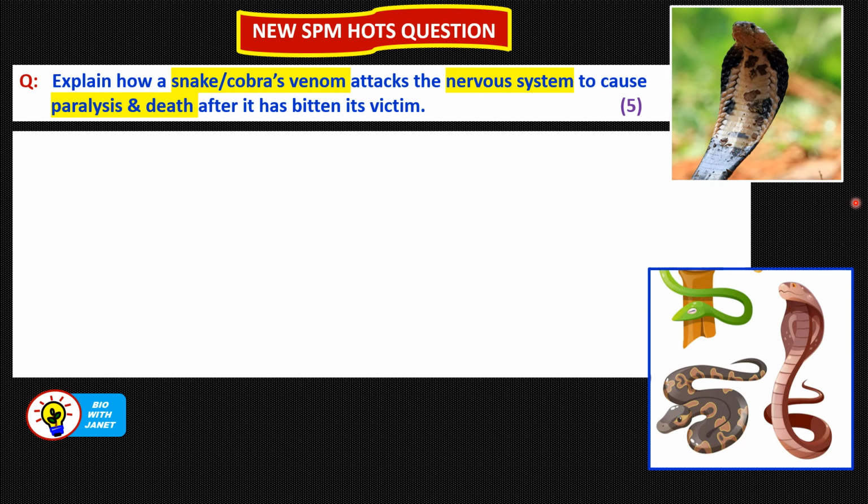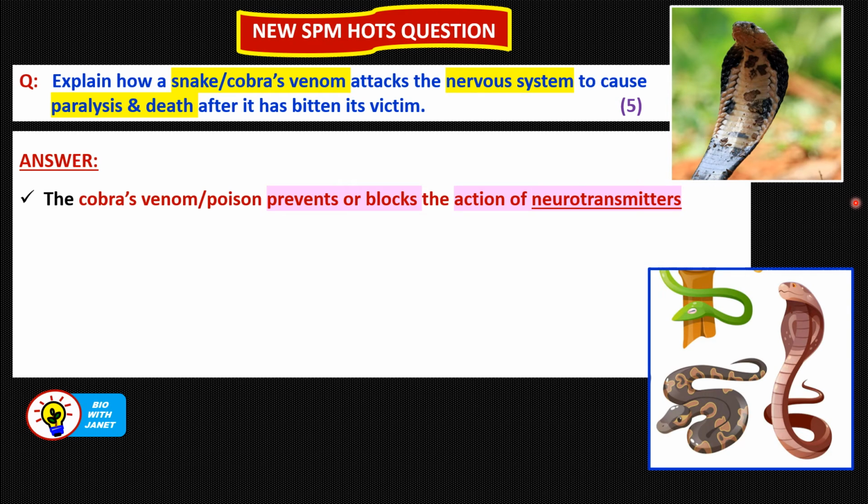Now, firstly, the cobra's venom, or the snake's poison, prevents or blocks the action of neurotransmitters. So when the poison enters the body, it will act at the synapses in the body, and it will prevent or block the action of the neurotransmitters.